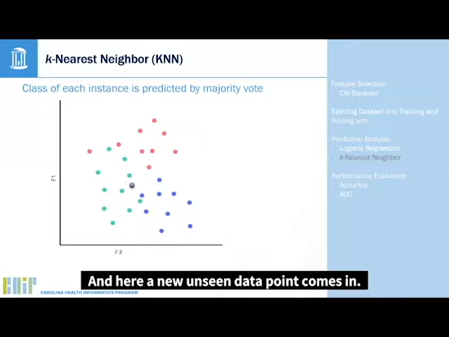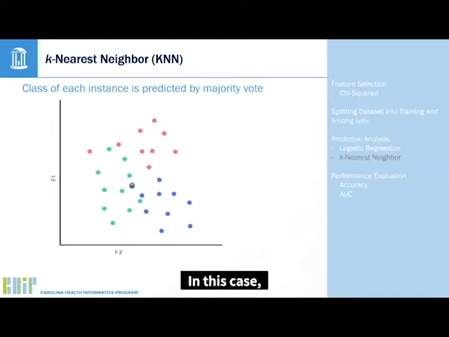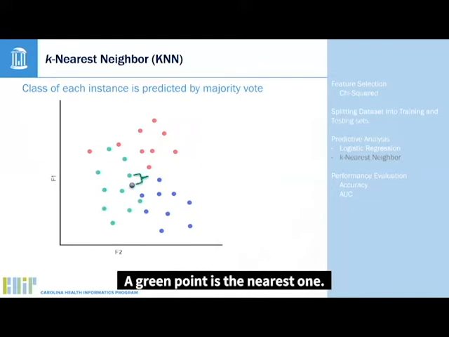And here a new unseen data point comes in. In one nearest neighbor, the instance which is closest to the new data point determines the label of the new data point. In this case, a green point is the nearest one. So the label of the new data point is predicted to be green.